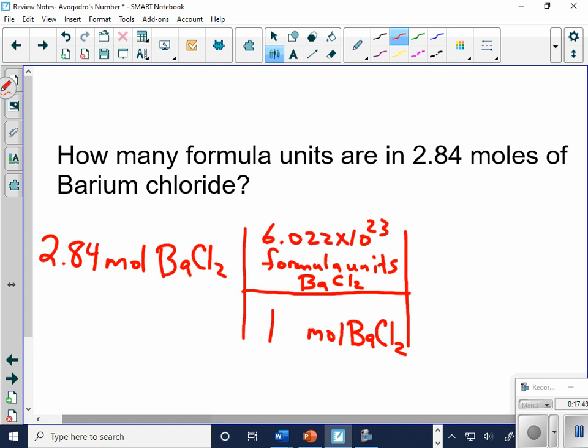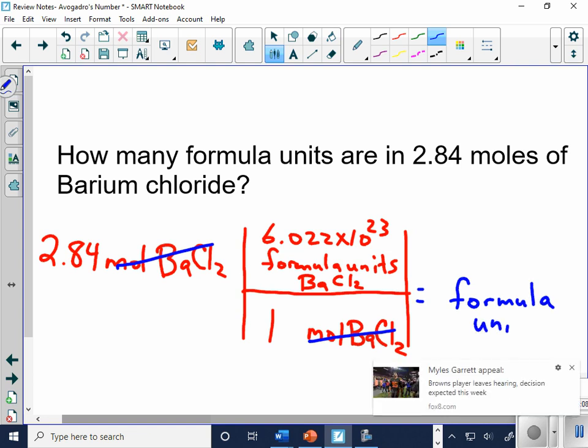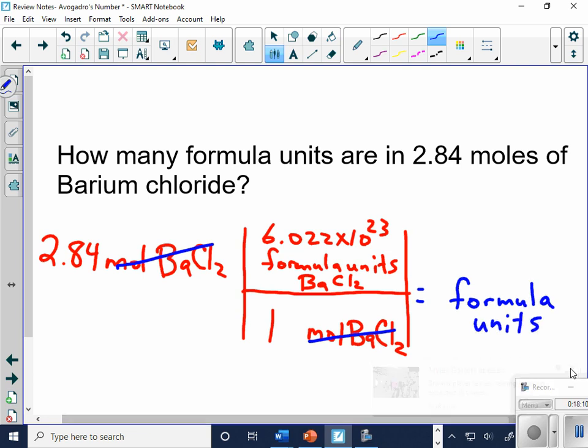Now, if I did it right, I have a mole of barium chloride over a mole of barium chloride. That equals 1, doesn't it? So that label cancels out. It's going to leave me with the label of formula units of barium chloride.